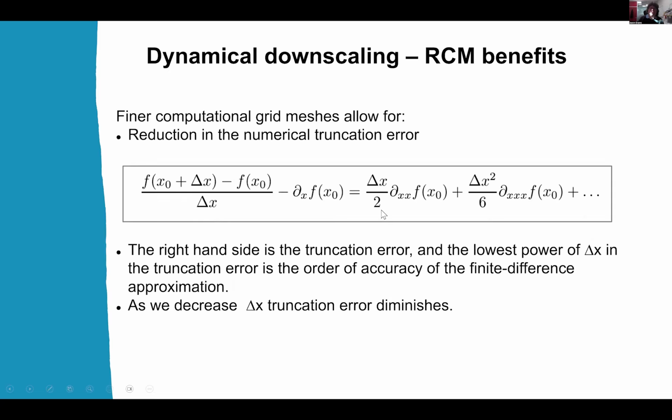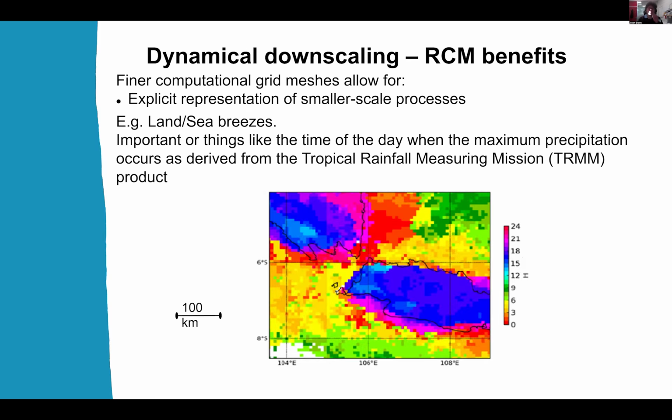The base level of this is related directly to the grid spacing. Essentially, it shows that because we're using a finite difference approximation, we have a truncation error that is directly related to our grid spacing. So as we decrease our grid spacing, we are decreasing this truncation error.